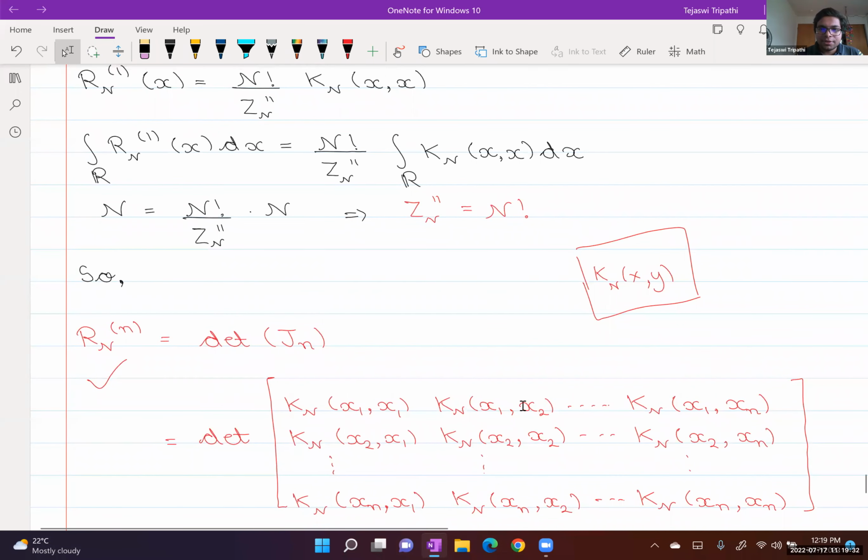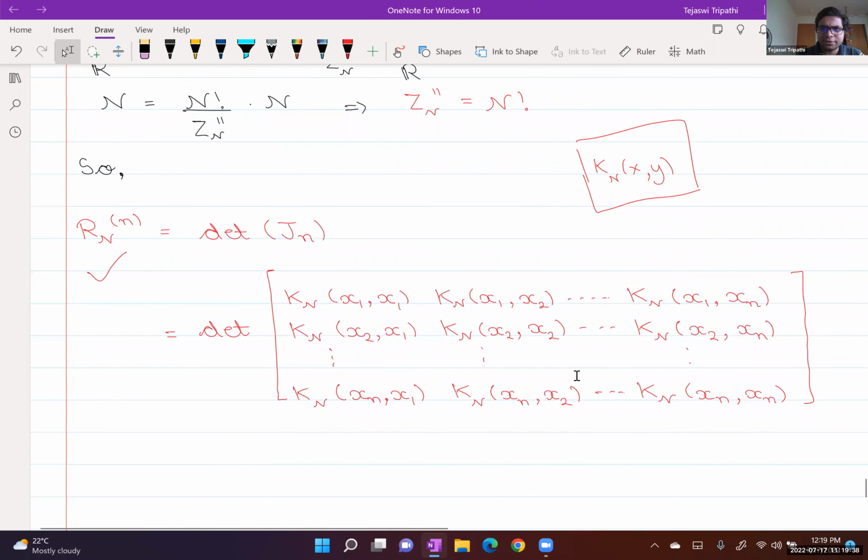Okay, this example was a part of a general scheme. You might have heard of something known as determinantal point processes. This is exactly what it is. Let me say in words what a point process is. Suppose you have points on the real line and they are distributed randomly, like in this case. We have n eigenvalues and they are distributed randomly on the line.